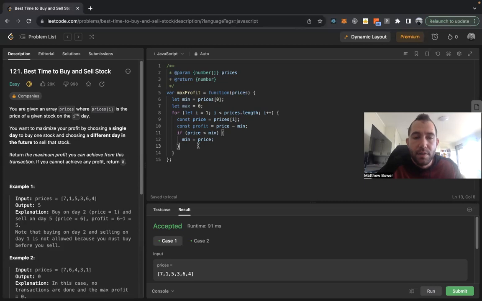Else if the profit is greater than the max, the max will become the profit and get reassigned to the profit. After all that, we will return the max.